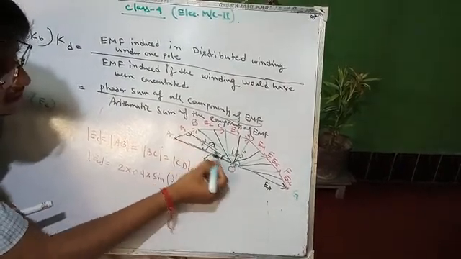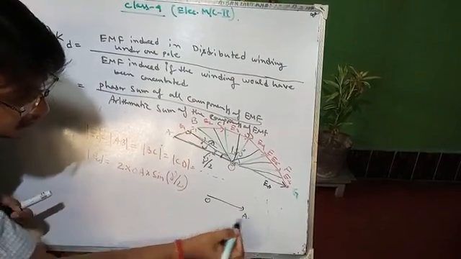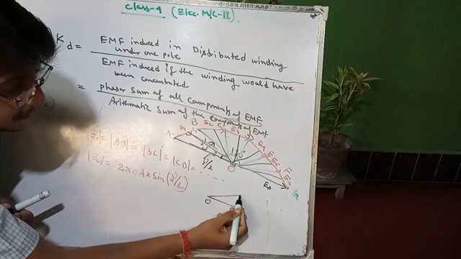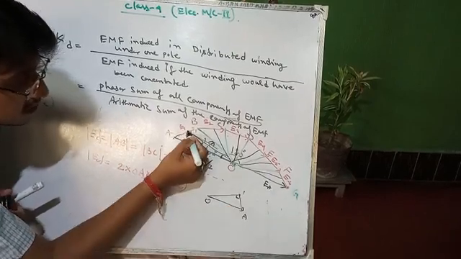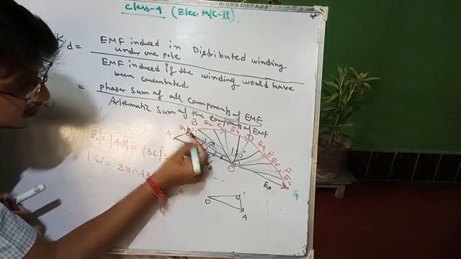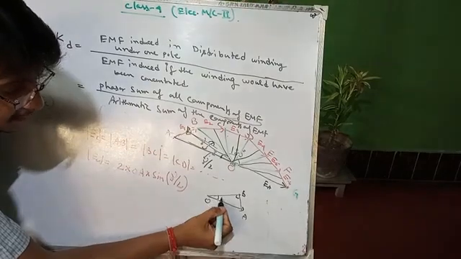So if we consider this is OA, and this is the perpendicular, the point we can call small b, so this is your gamma by 2 angle.